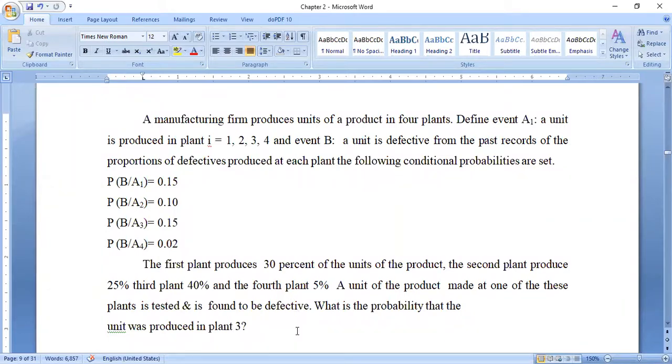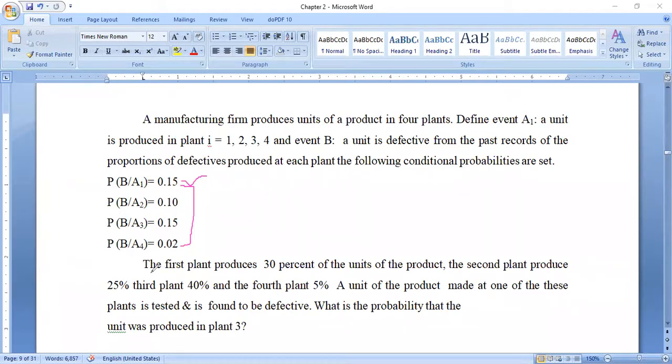Okay, these are the conditional probabilities: P of B given A1 is 0.15, then P of B given A2 is 0.10, then P of B given A3 is 0.15, P of B given A4 is 0.02. Okay, these are the defective items.